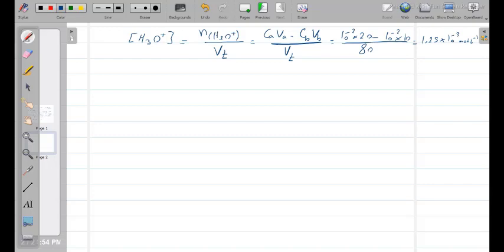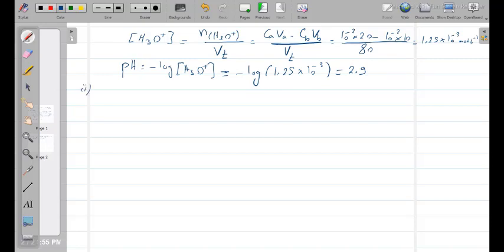This is the concentration of H3O+ left after the addition of 10 milliliter of sodium hydroxide solution. pH equals minus log concentration H3O+ equals minus log 1.25 times 10^-3, equal 2.9.